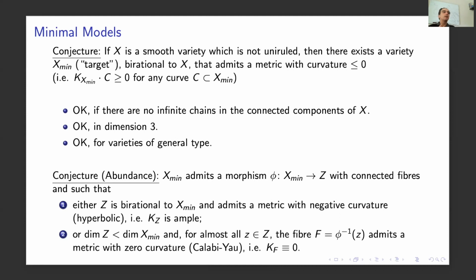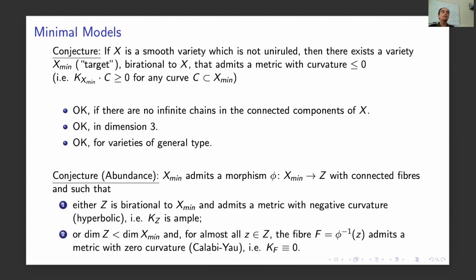Okay, so these conjectures say that after playing some games, we can always reduce to a final object, a minimal model, which can be decomposed into three types of varieties. Either, like before in the previous slide, Fano varieties, possibly with a Kähler-Einstein metric.